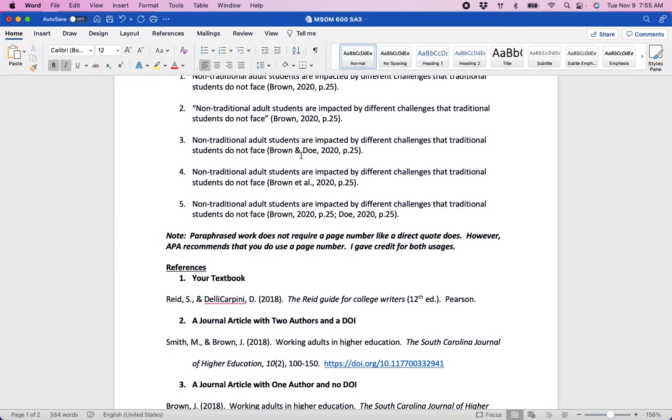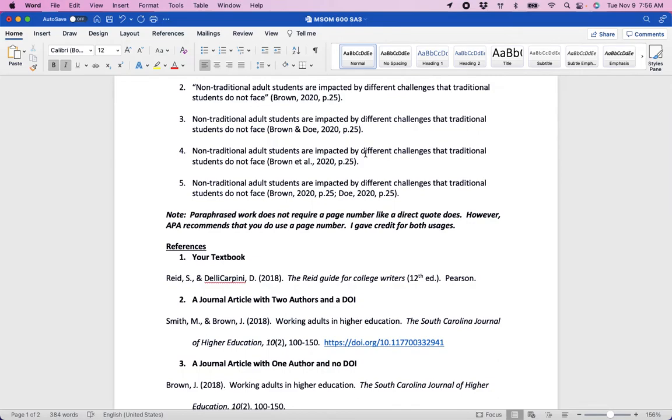Whenever you have two authors, you use Brown and, which is the ampersand, not AND. A couple of you typed in AND. That is not correct. It's the ampersand and Doe formatting there. Now, this was a change here on number 4 in APA 7th edition. So if some of you are thinking about maybe your undergraduate days, it used to be 5 or more authors.